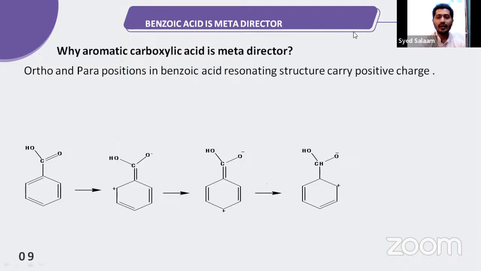When they get delocalized, they add up positive charge. So this electron is getting delocalized here, and then it comes here, and the charge accumulates at either the para position or the ortho position.